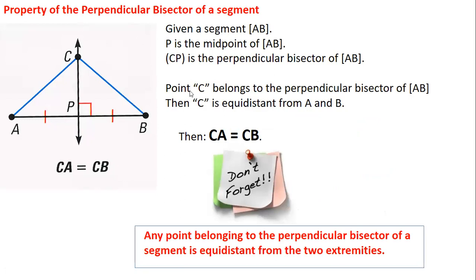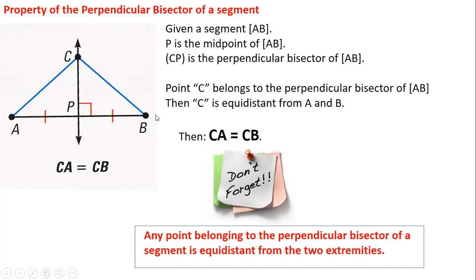Now, in the time remaining, I still have about 10 minutes or less. In this time, I want to tell you a very important property of the perpendicular bisector of a segment. Whenever you draw a perpendicular bisector of a segment, if you take any point on the perpendicular bisector, for example, point C, then any point belonging to the perpendicular bisector of the segment is equidistant from the two extremities of the segment.